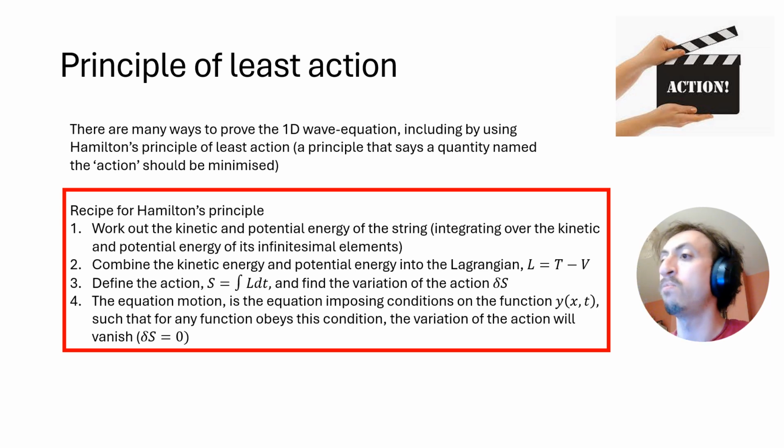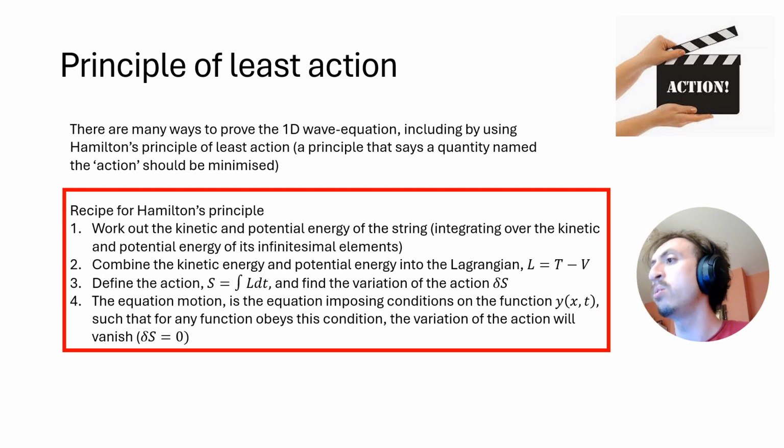And then we can integrate over time to get the action, and once we've got an expression for the action, we can see how this action changes if we alter the evolution of our string just a tiny bit.